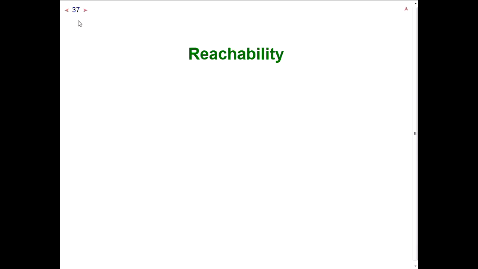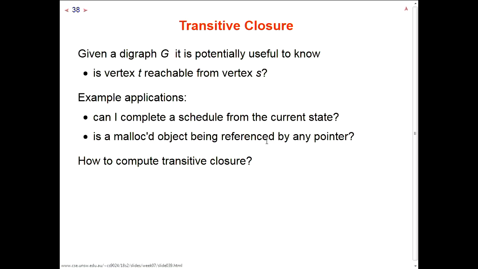Now, the one problem that I want to consider on directed graphs is the question about reachability. Which nodes are reachable from other nodes via a directed path? This is very useful to know. Given the directed graph, is a given vertex T reachable from vertex S? And coming back to the scheduling problem, can I complete a schedule if I'm in a current state?